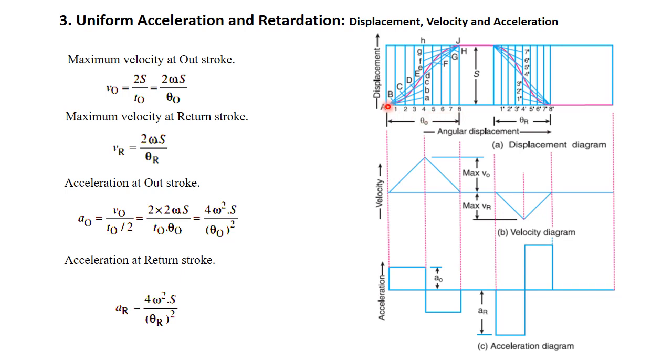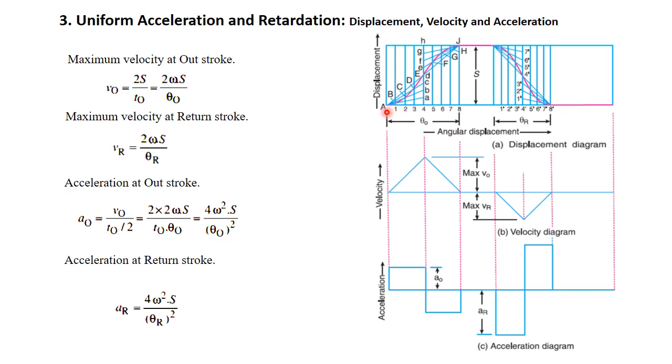Now up to 4, the point A is joined with small a, small b, small c, small d. So we can see here line capital A, small a will intersect with the vertical line passing through 1. Wherever the point intersects, that point is marked as capital B.